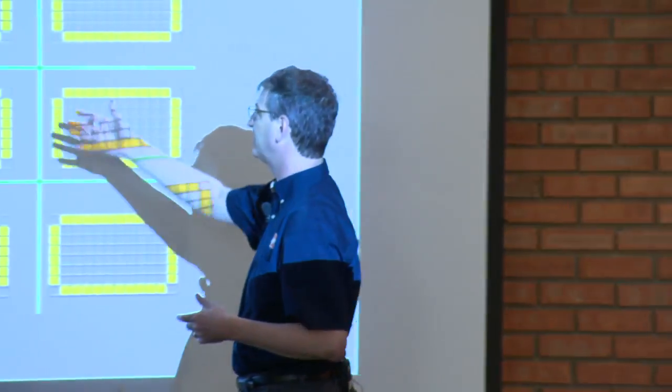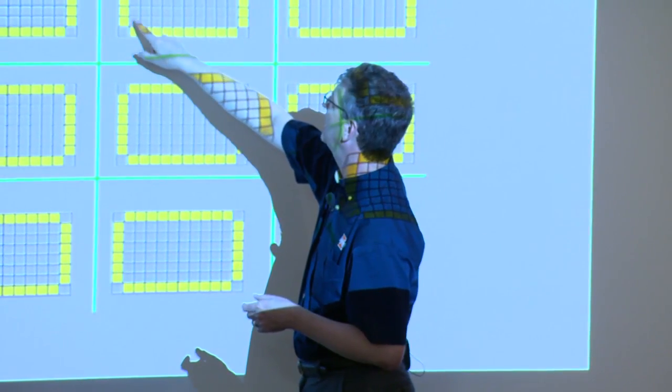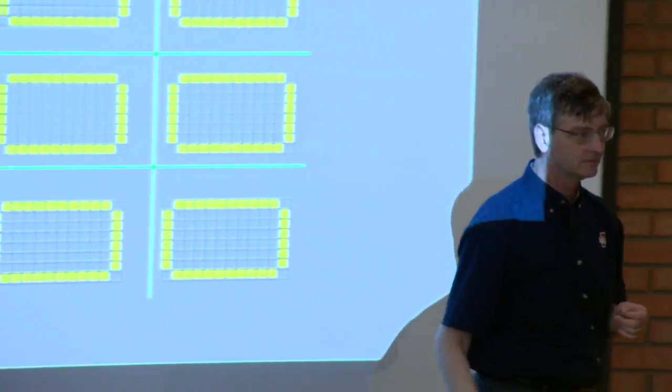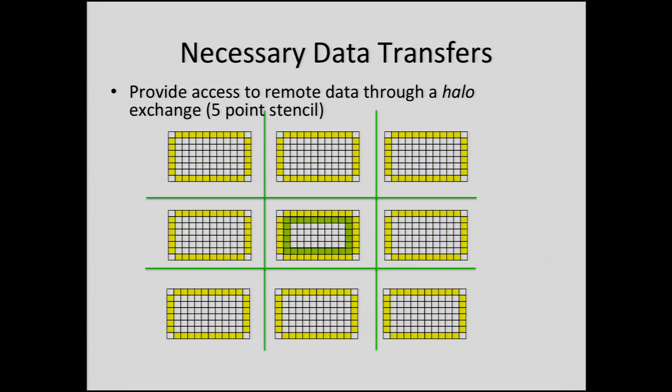Okay, so now I've got this data, or I've got places for the data. So this here is going to be a copy of these cells. Now, I should sort of move this around. So I've got a little stencil. What are the transfers?